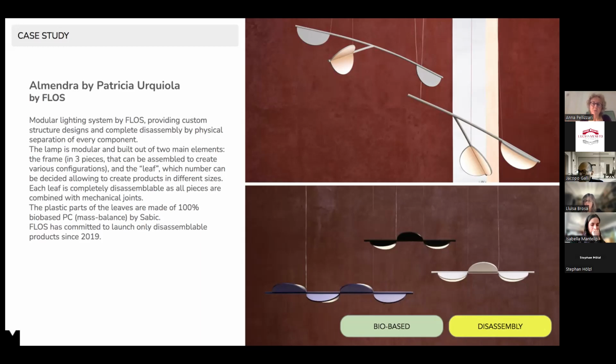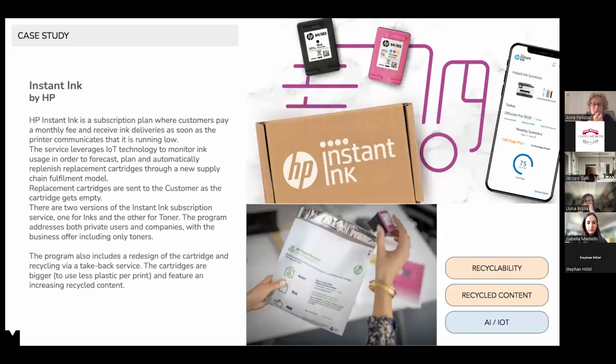So in here we have two approaches. One is material centered, which is the bio-based, and the other one is disassembly. Instant Ink instead is a way of servitization. I put this as an example because it is a possible trend that may become interesting somehow in furniture.